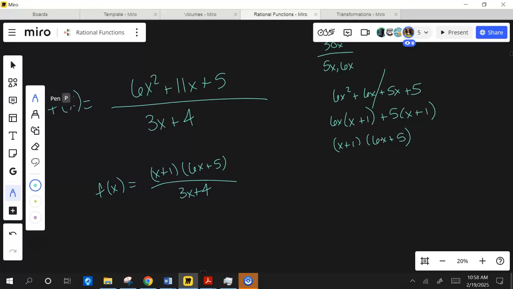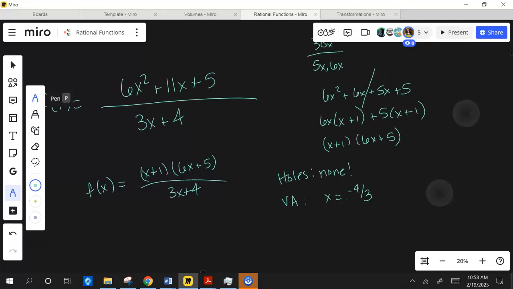All right, so holes would be none. No holes. Okay, but I do have a vertical asymptote. Where is my vertical asymptote? -4/3. I set the bottom equal to 0 and I solve it, right?